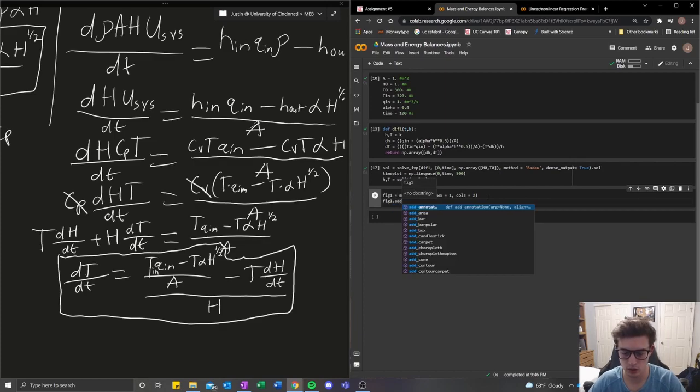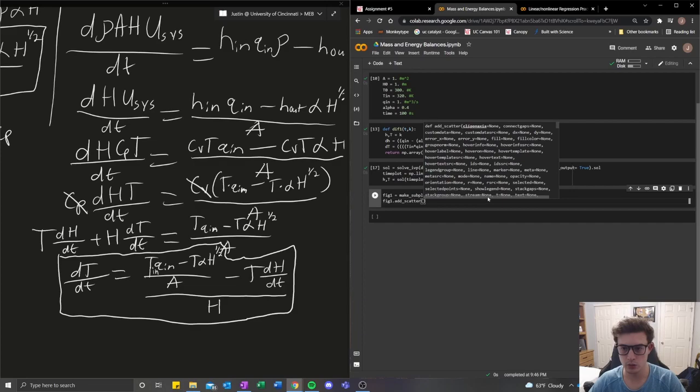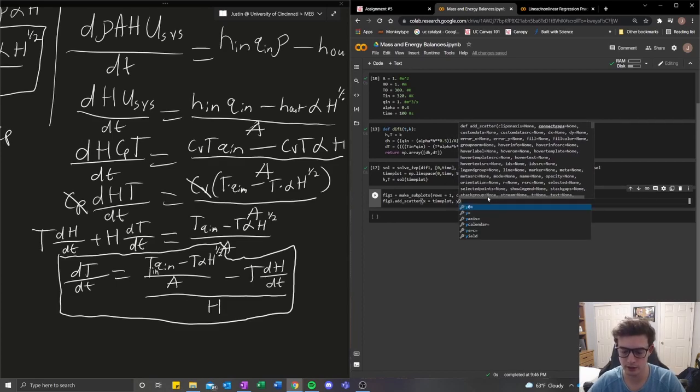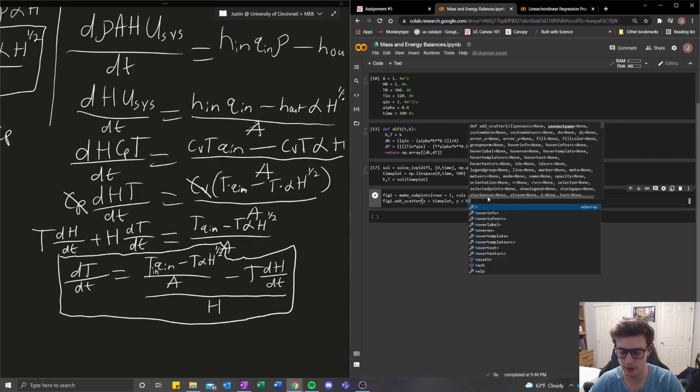Add scatter, and we want to set our x value equal to the time plot. So we want our x-axis to be the time plot, and then we want our y-axis for the first graph to be equal to the height values.